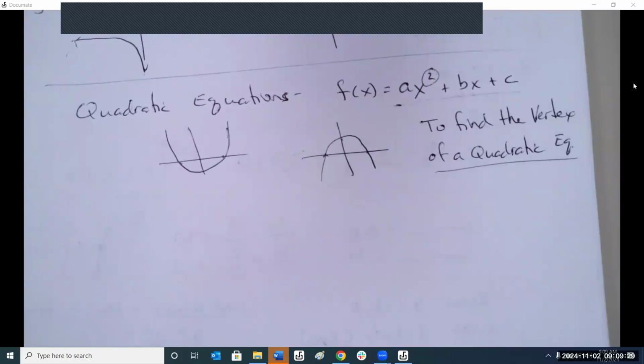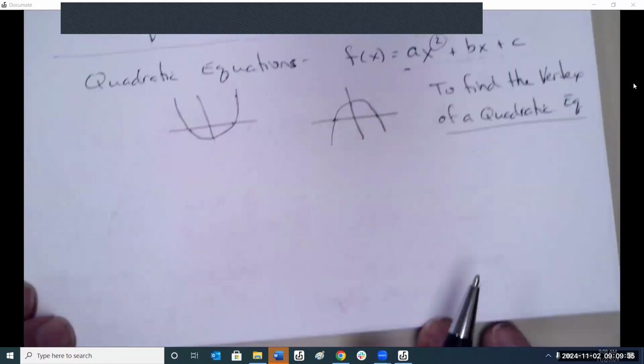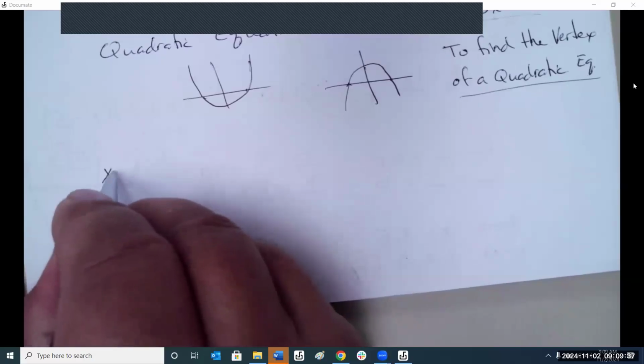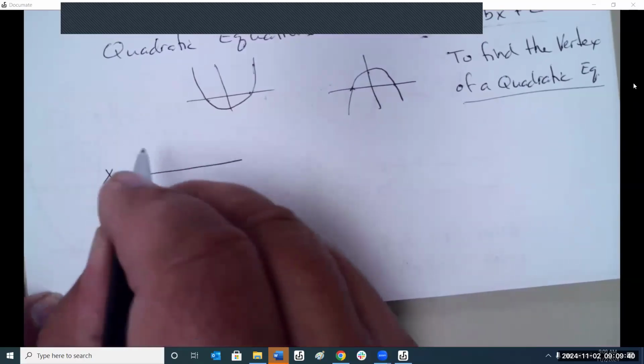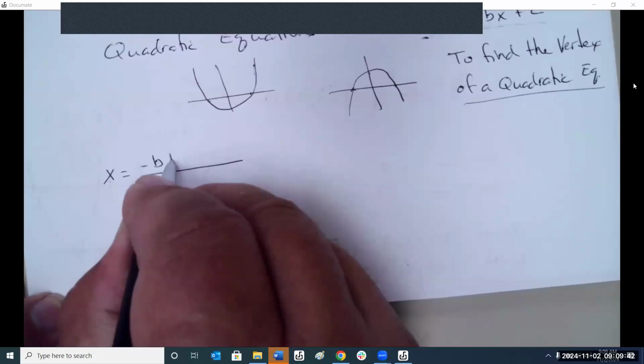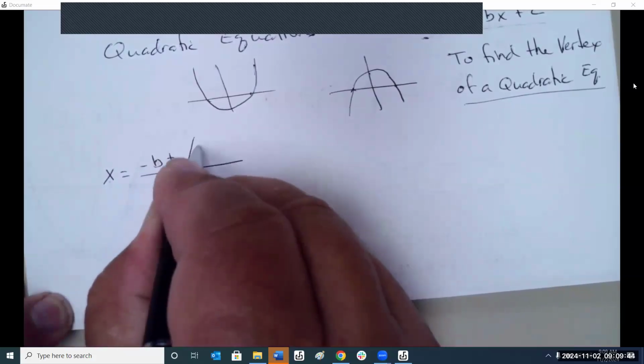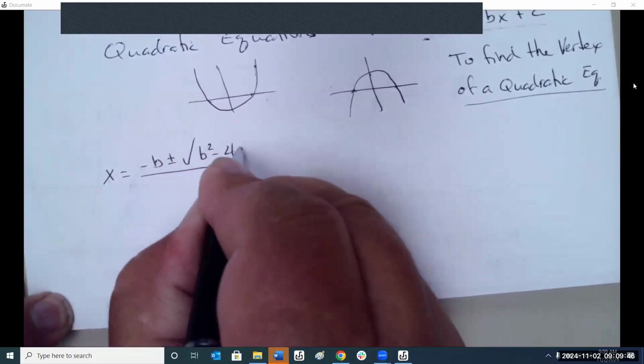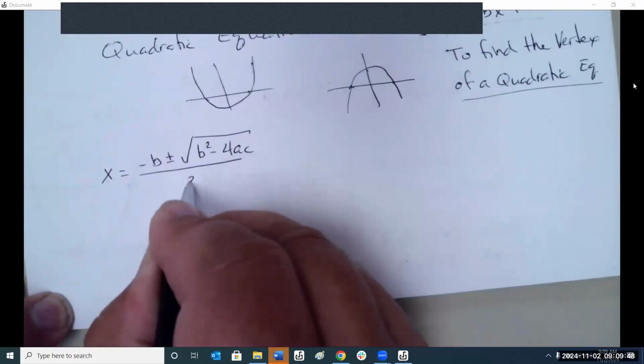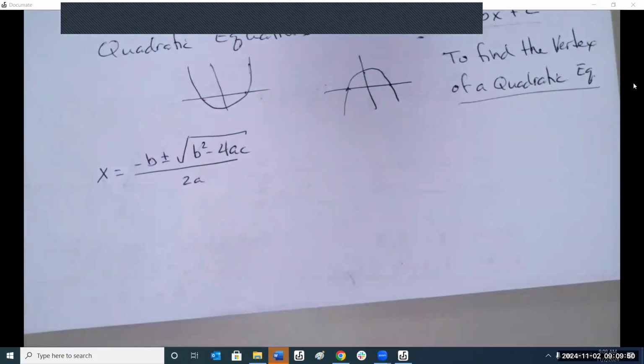Did we discuss the quadratic formula yet? I think we did in chapter 3. I know you've seen it before, maybe in high school, but this is the quadratic formula.